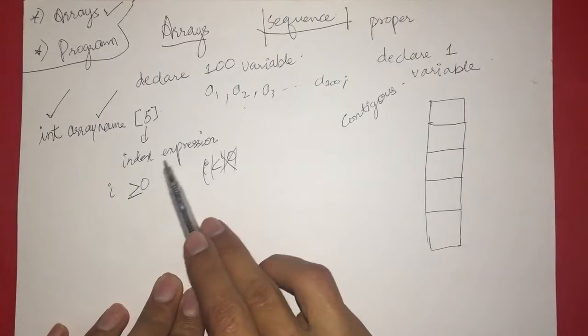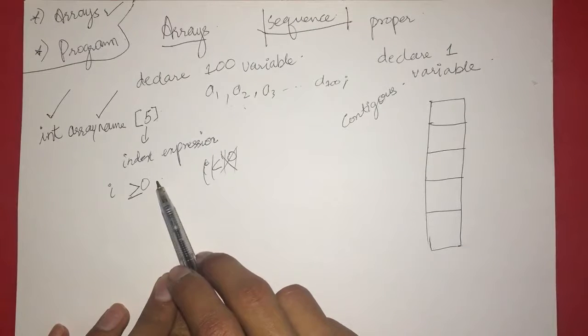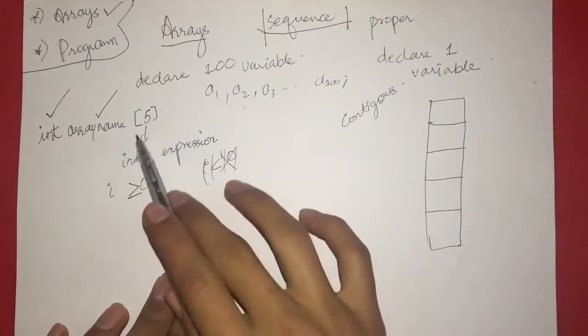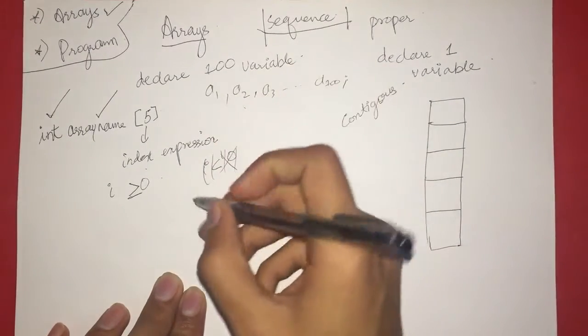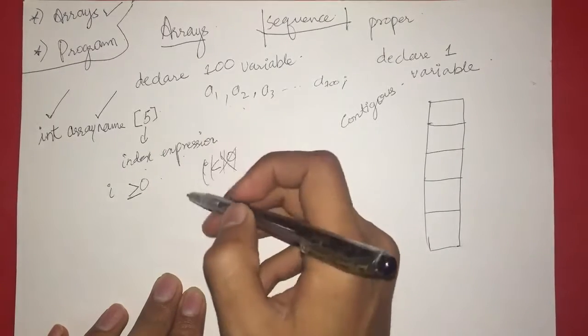So you have to have integers 0 or greater in the index expression, and it can also be an expression. So for example, you can have a variable instead of a number.